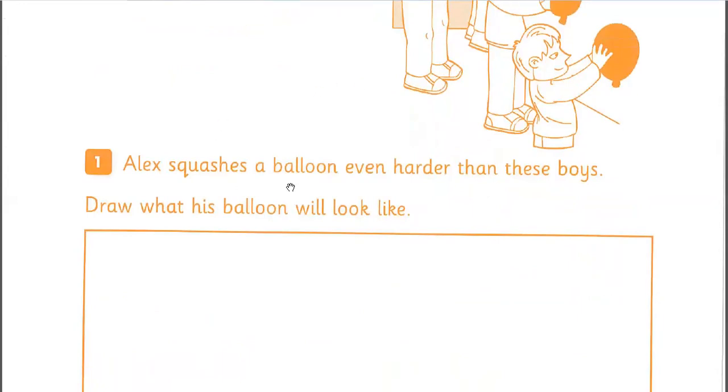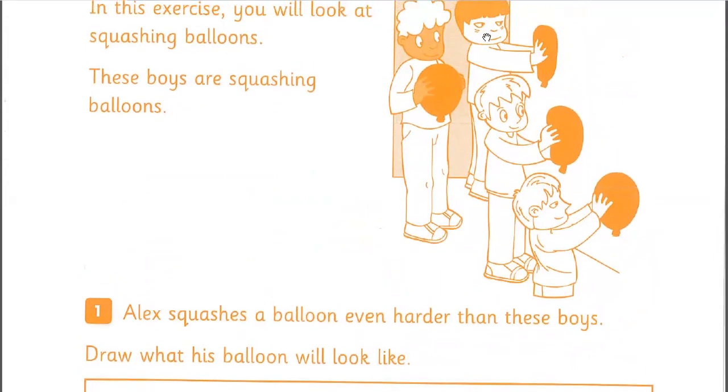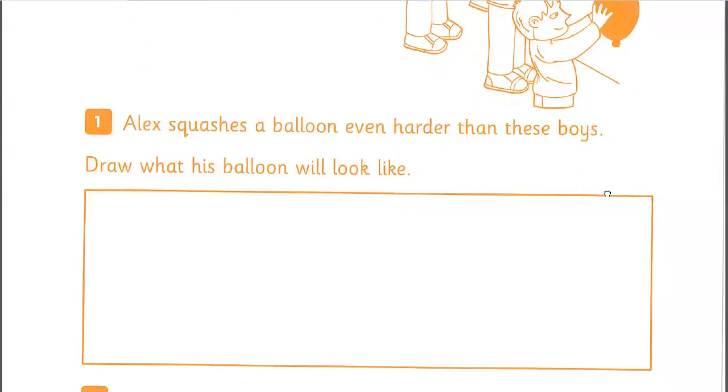Alex squashes a balloon even harder than these 2 boys. Who is Alex? This one. He is squashing the balloon even harder than these 2 boys. You can see the picture, what he is doing. He is squashing the balloon hardly.